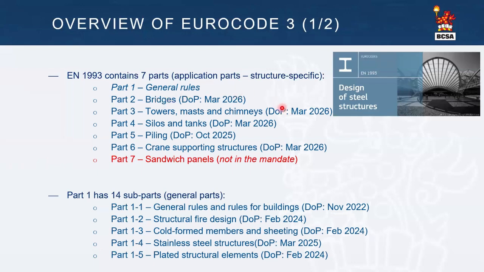Just to note something, in brackets after each part, you have here what I call the DOP. DOP stands for date of publication. And you can see that, for example, in terms of part 1, there are already several parts that have been published. So 1.1 through 1.5 have all been published.